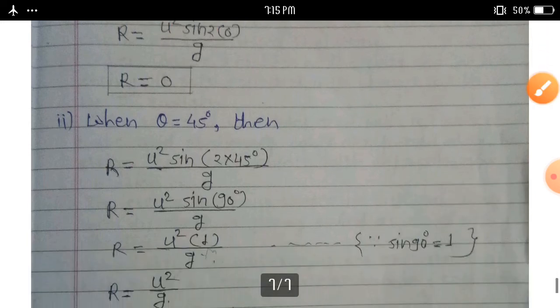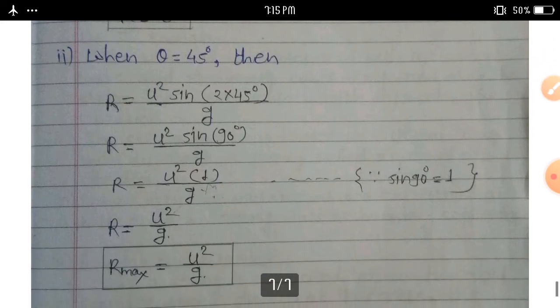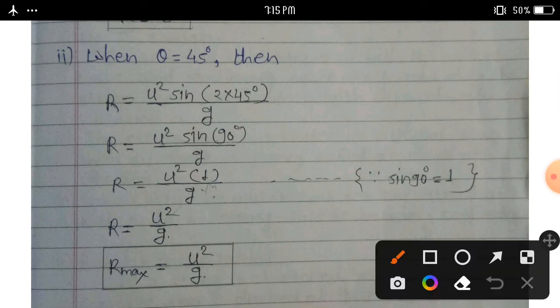And the second case, when theta is equal to 45 degrees, the horizontal range capital R is equal to u square into sine of 2 into 45 upon g. This becomes u square sine 90 upon g, and sine 90 becomes 1.